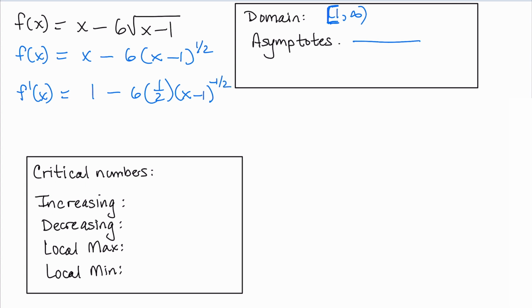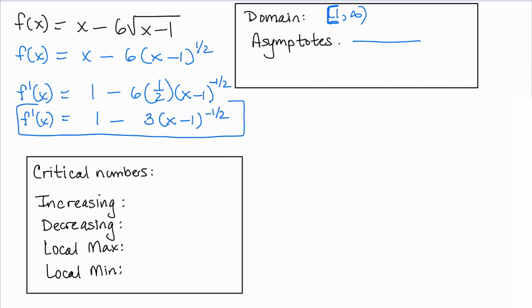So we have 1 minus 3 times x minus 1 to the negative 1/2. I'm going to save this for later because I know for sure that we're going to be taking another derivative and we're going to want the power version there with the negative 1/2 power.